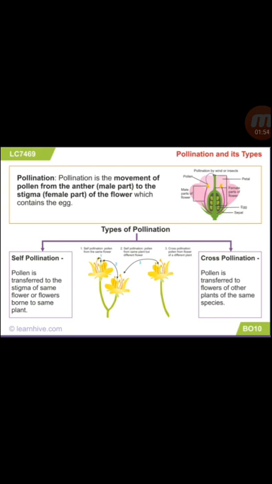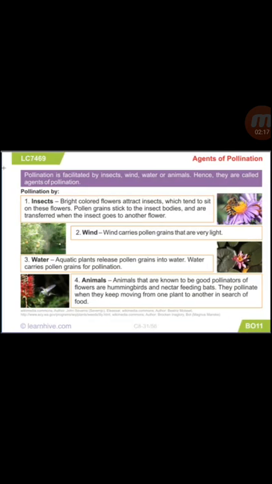When pollen is transferred to the stigma of the same flower or the flowers which are born on the same plant, that is called self-pollination. And when the pollen is transferred to flowers of other plants but the same species, then it is called cross-pollination.